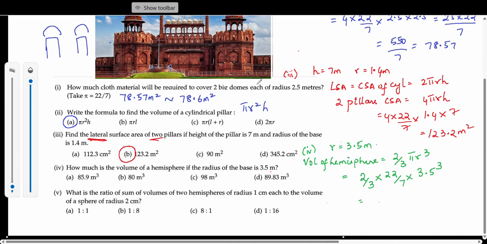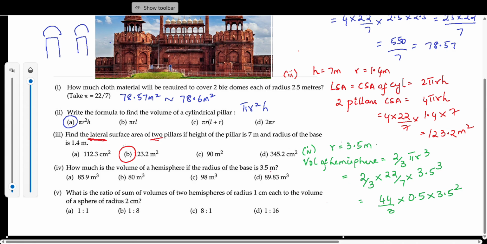Now this is 44 by 3 into 1, 7 gets cancelled with the 3.5. 1 7s are 7, 0.5 we will get. So 0.5 into 3.5 squared. Let us see what this comes to.